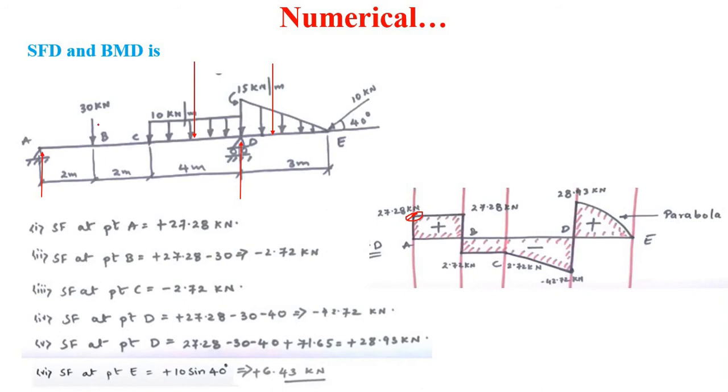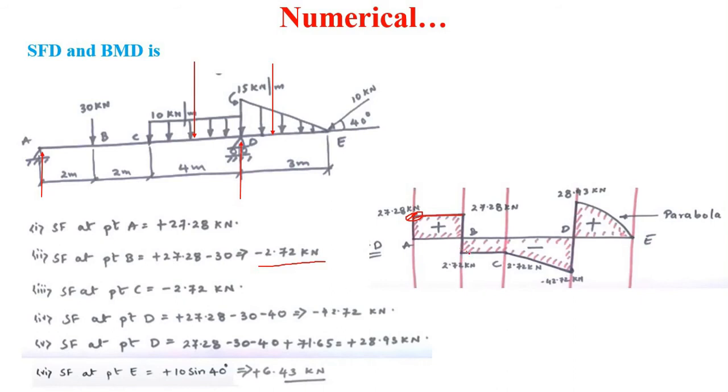Then after that, shear force at point B. From A to B there is no additional load, so shear force will be constant from A to B. So a horizontal line will be there. Then again at point B here the shear force is minus 2.72 kilonewton.